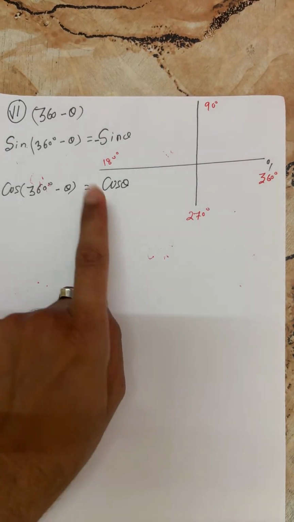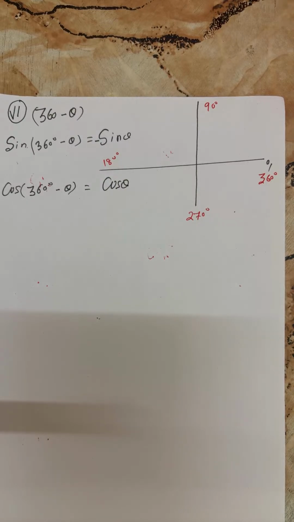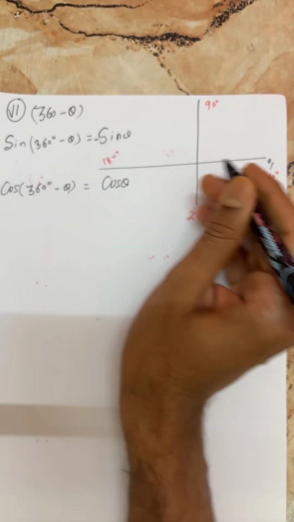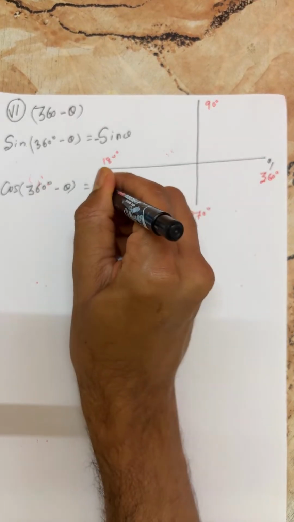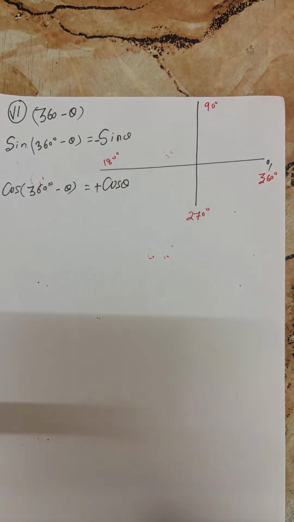Now tell me, plus cos theta or minus cos theta? Cos is positive here, so it will come plus cos theta.